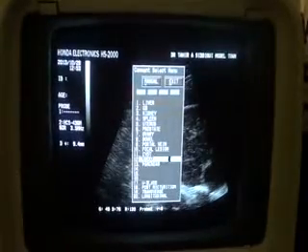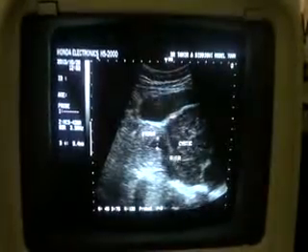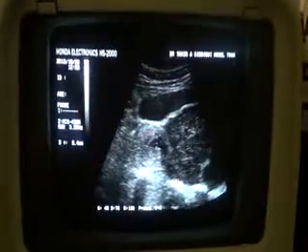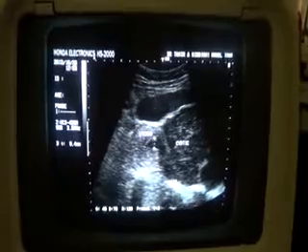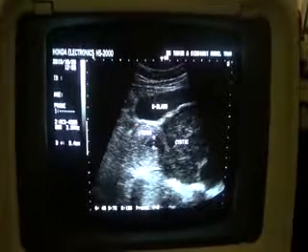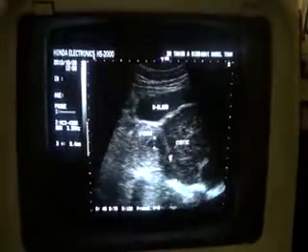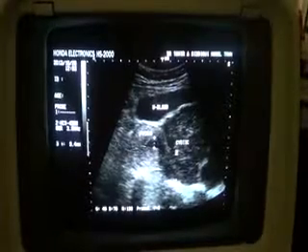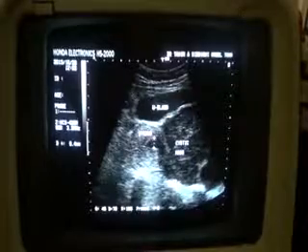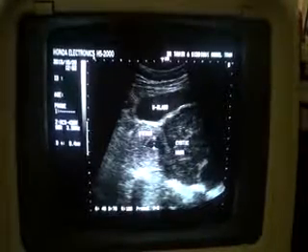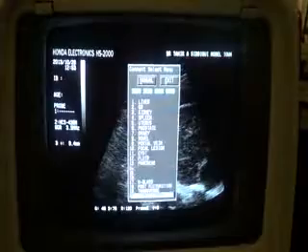This is the fluid, and this is the urinary bladder, this area. Now this is a longitudinal section.